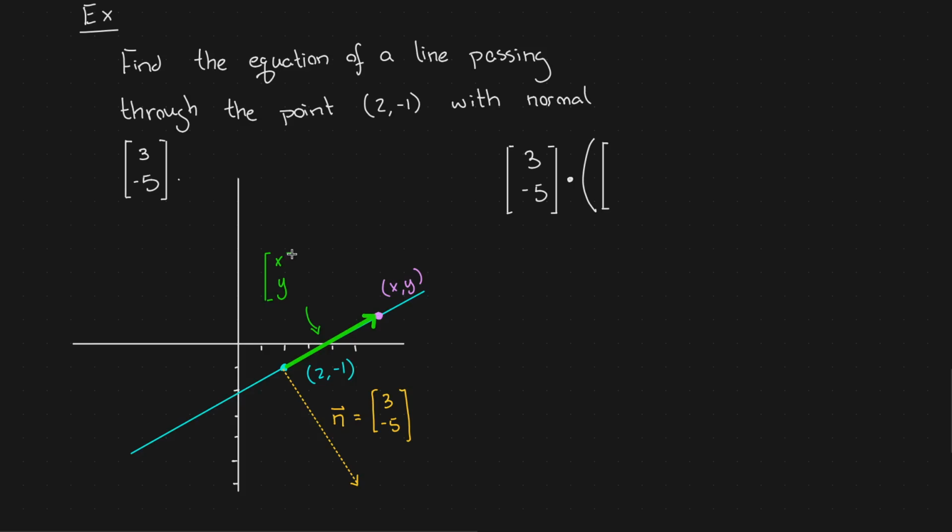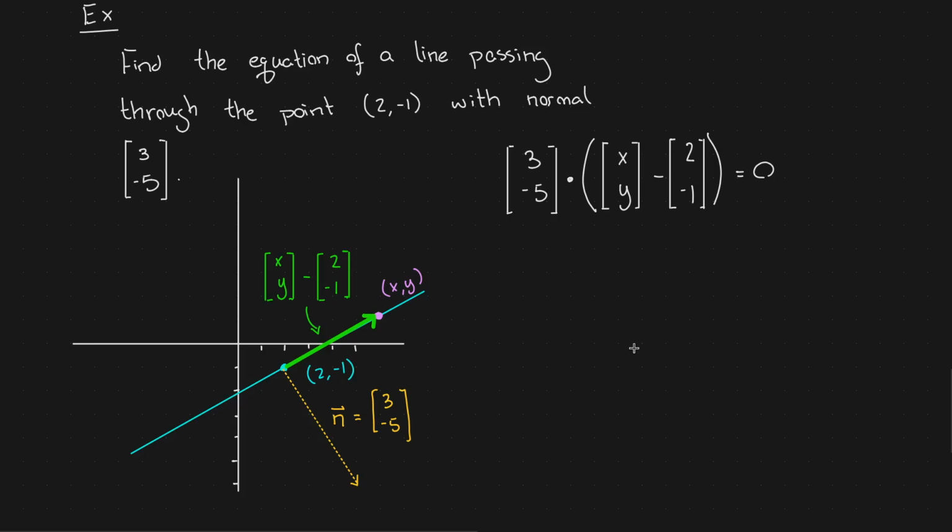I want the vector to end up at the point on the line (x, y) minus start. I want to start at the known point on the line (2, -1). So the dot product of the normal vector with the vector pointing from (2, -1) to a point on the line (x, y) needs to be 0, since they are orthogonal.